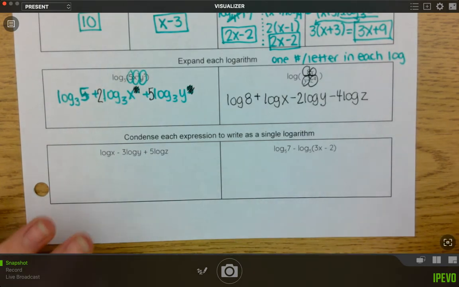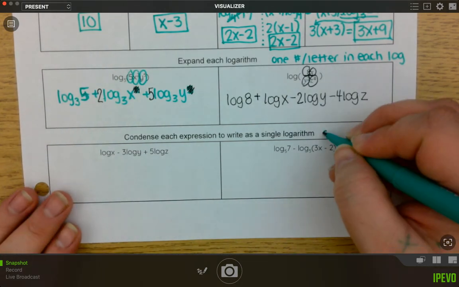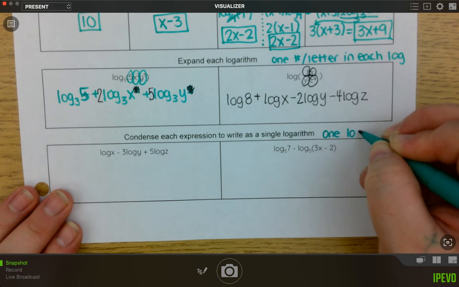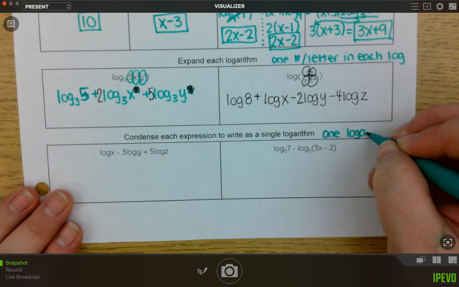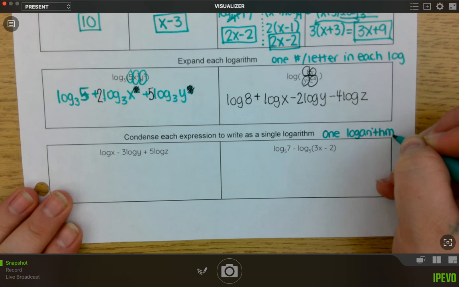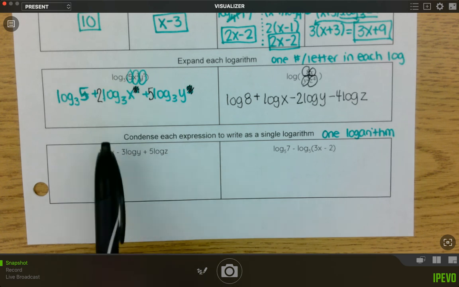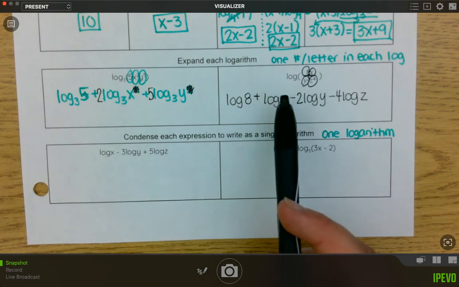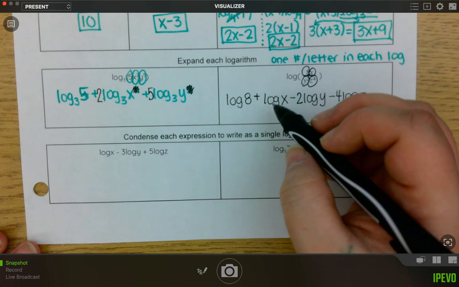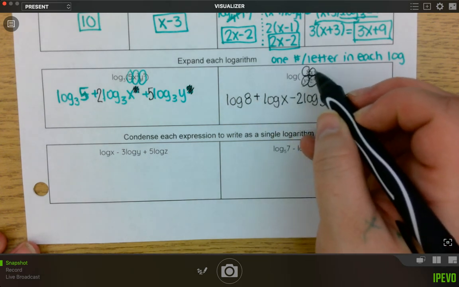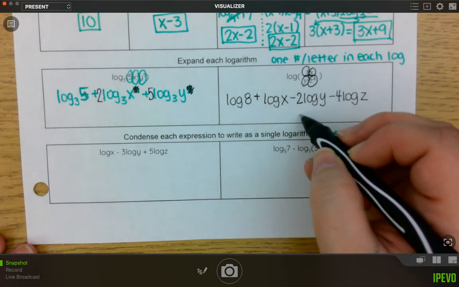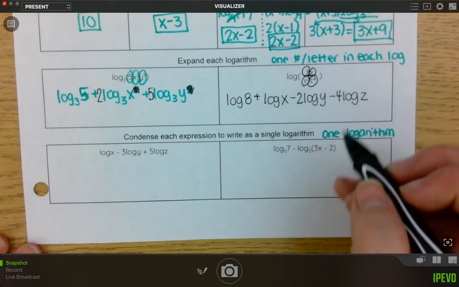When you are condensing, then you should only have one logarithm left. Okay, everything's got to go inside. So opposite rules of what we did, you just go in the opposite direction. If anything's being added, you multiply it. If anything's being subtracted, it goes in the denominator.